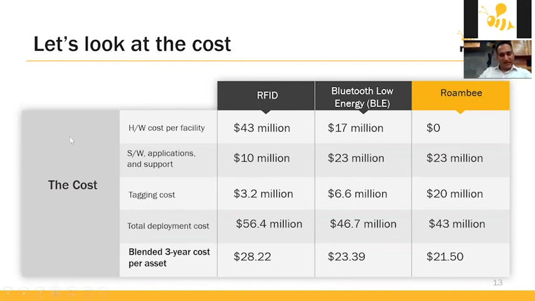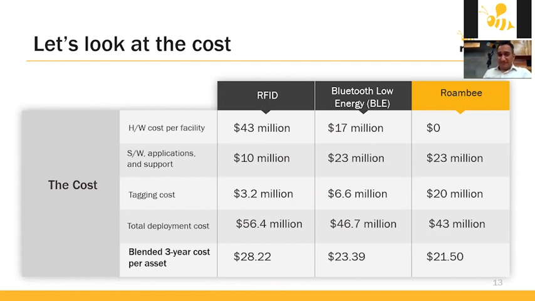So if you're looking at the hardware cost of an RFID solution, typically in North America, for monitoring, say 5,000 facilities, you're probably looking at around about $40 million to actually get your readers, your antennas, and all the other networking infrastructure in terms of a capex purchase, right?